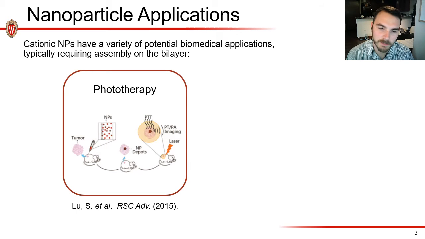What's special about these deposits is that they have increased photothermal efficiency compared to isolated nanoparticles, allowing you to increase the efficiency of heating and destroying those cells in comparison to other cells. So this provides a selective method for treating these types of cancers.